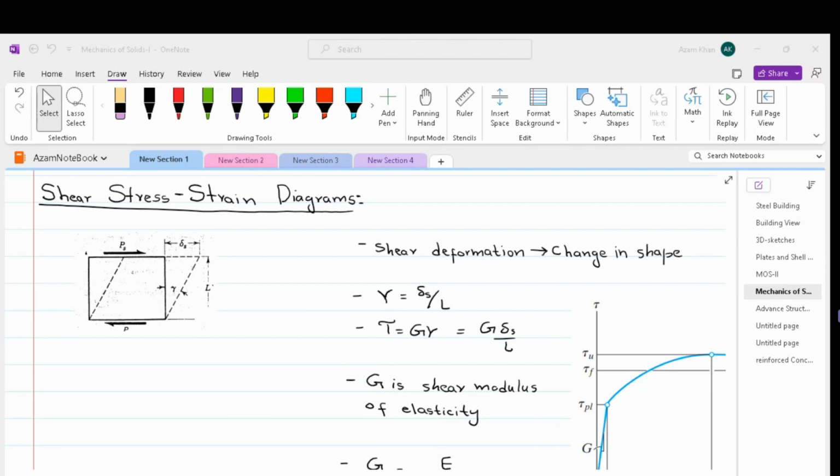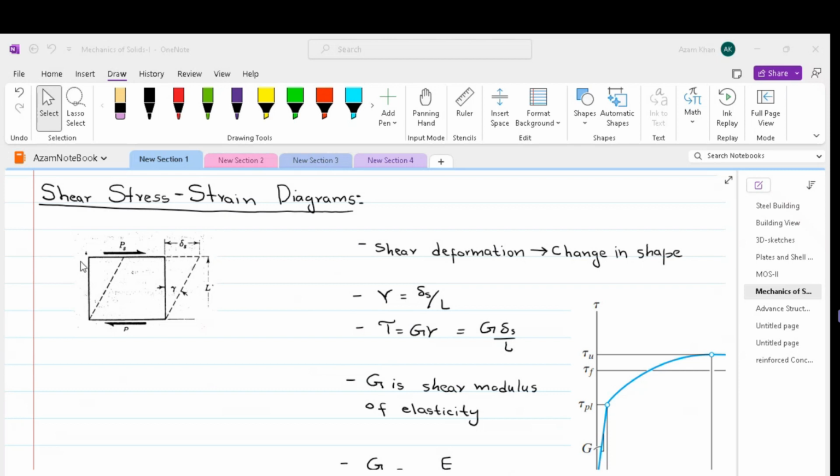Now let us look into the shear stress and strain diagrams. Shearing forces cause a shear deformation. This is similar to axial forces causing elongation or shortening. An element subjected to tension undergoes an increase in length. An element subjected to shear wouldn't increase in length, but it undergoes a change in shape.